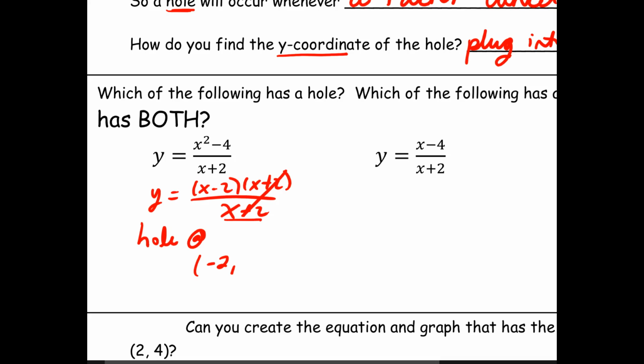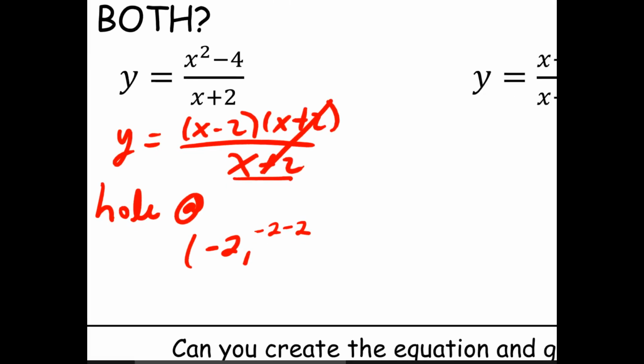So you're left with x minus 2. So -2. What's -2 minus 2? -4. There we go. I didn't know if you said that. It was hard to hear you. So, yes, -2, -4 would be our hole. Nice job, Keenan and Garrett.